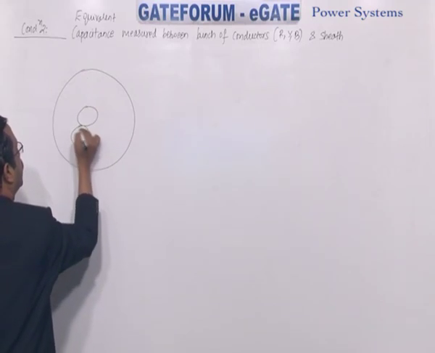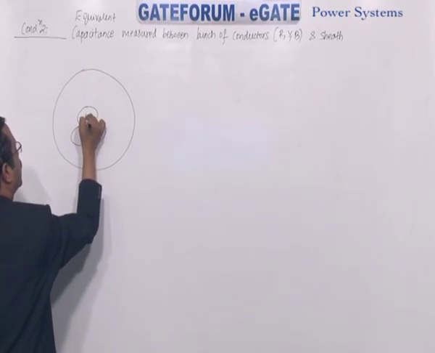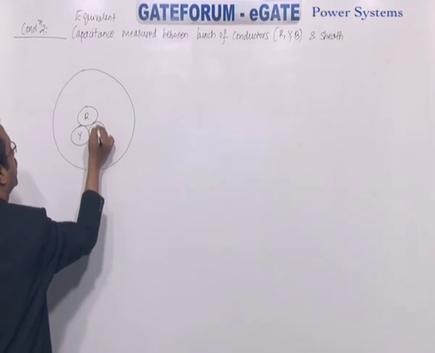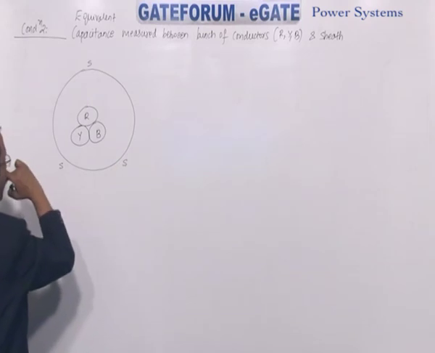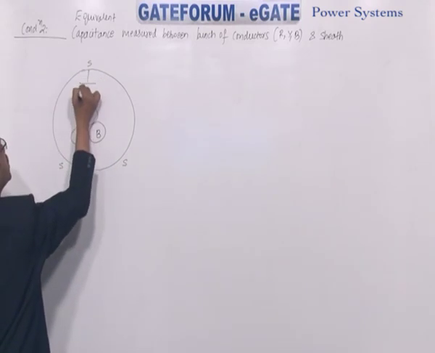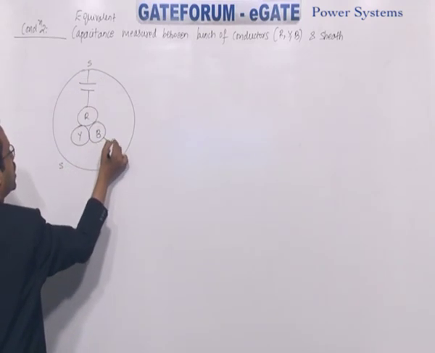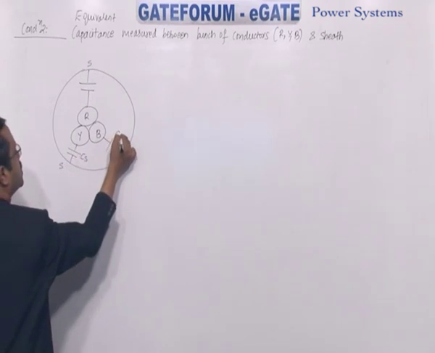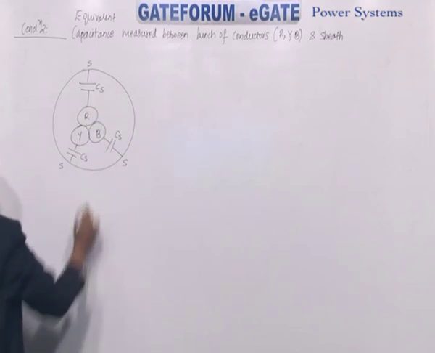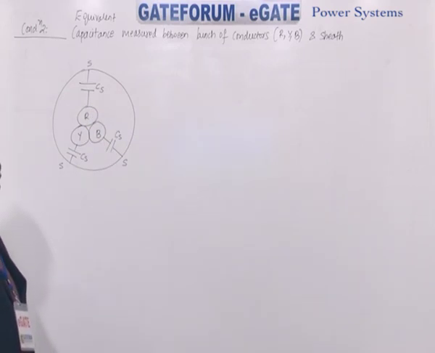R, Y, B. All these are bunched together. Next we are having the sheath here. So we have the capacitances only between a phase conductor and a sheath. CS, CS, CS.